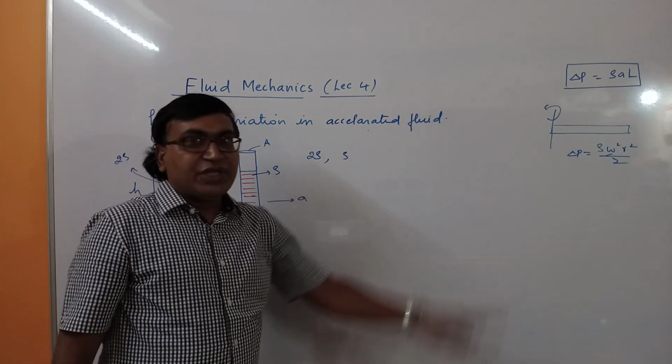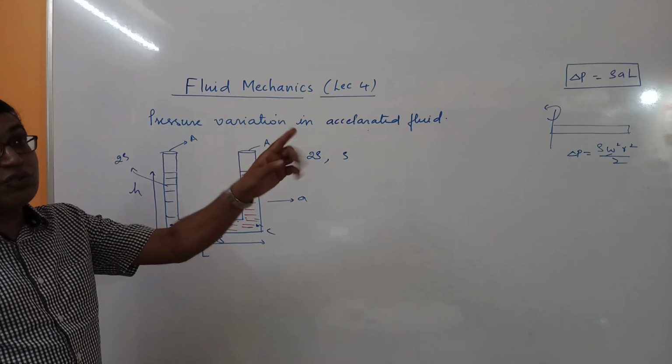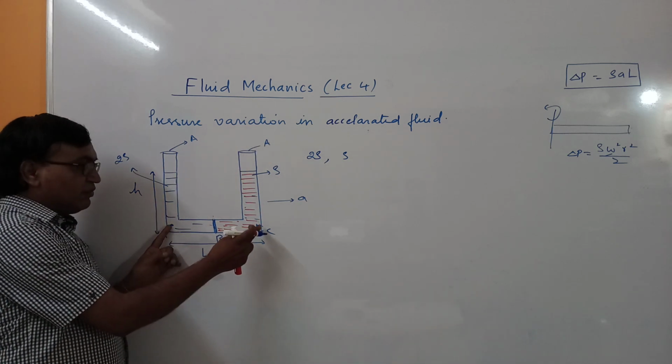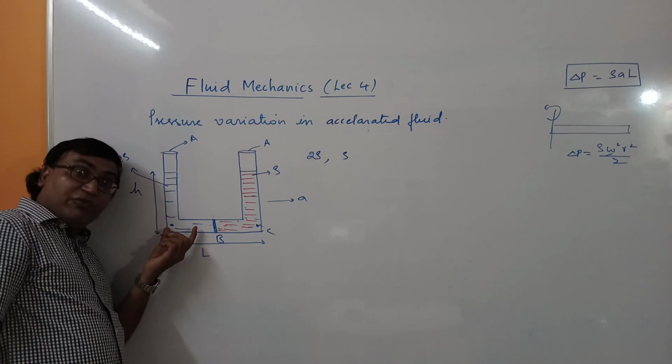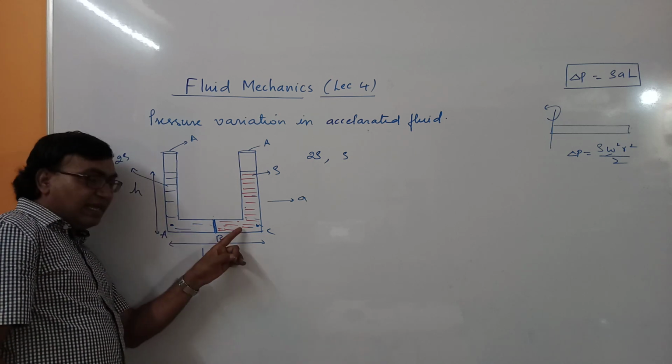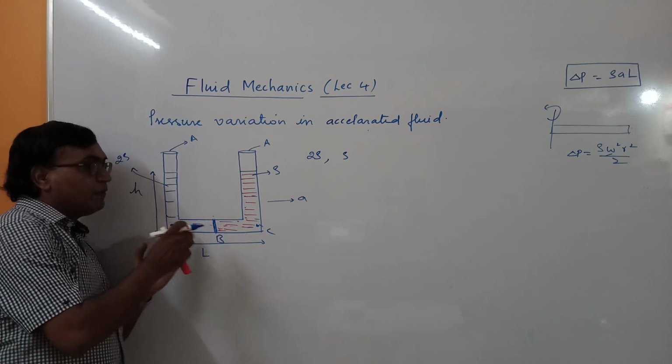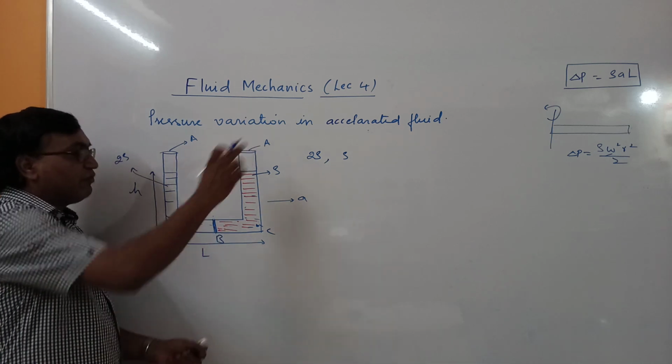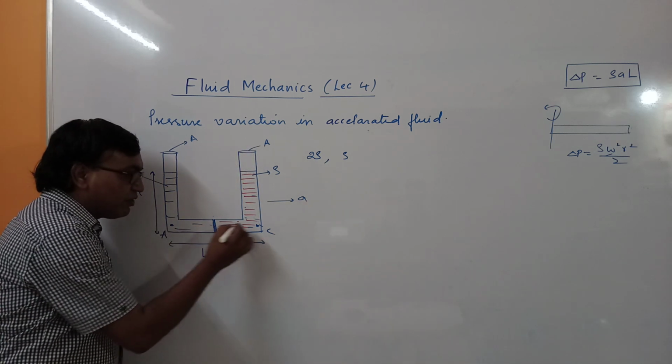So the difference in pressure for the same type of fluid is rho AL. I cannot apply this from A to C because here I have a fluid of density 2 rho and here I have a fluid of density rho. So I cannot apply that formula from here to here, but I can apply it from here to here.